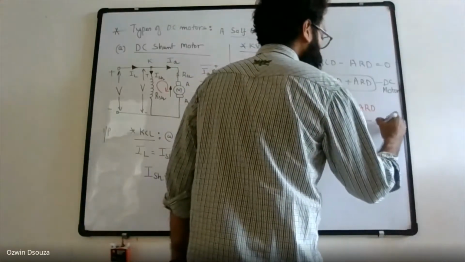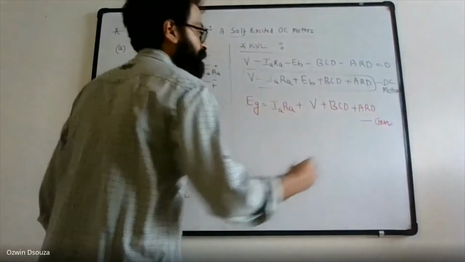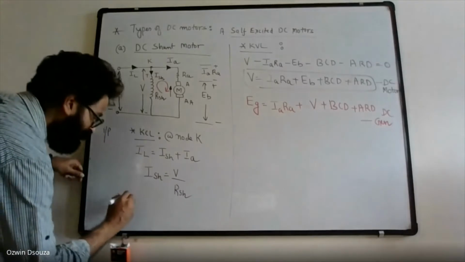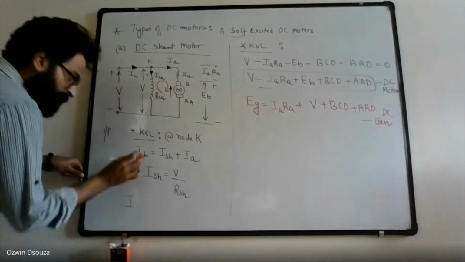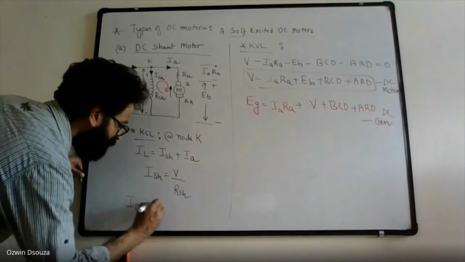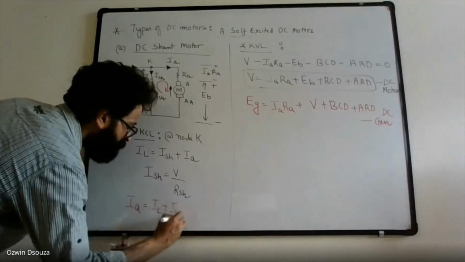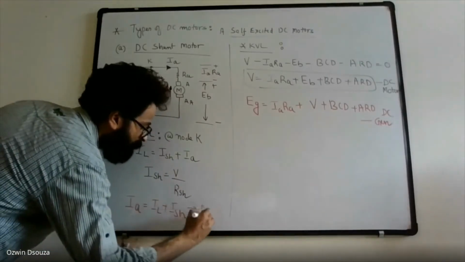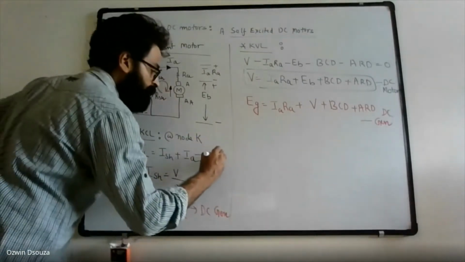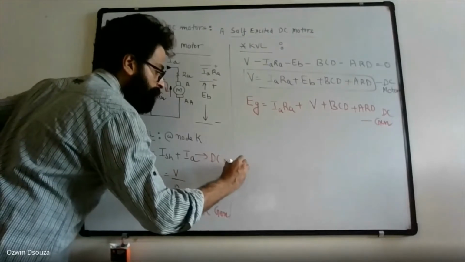This is for your DC generator. Similarly, for currents, in place of IL you would have had Ia, so Ia would have been IL plus Ish. This is for the DC generator, and the other is for the DC motor.